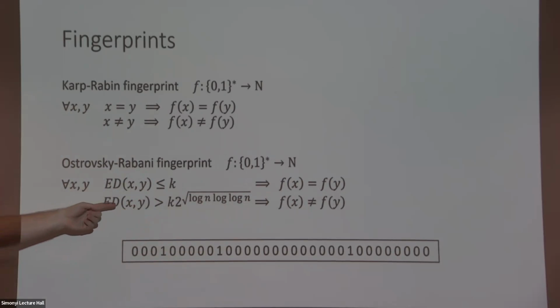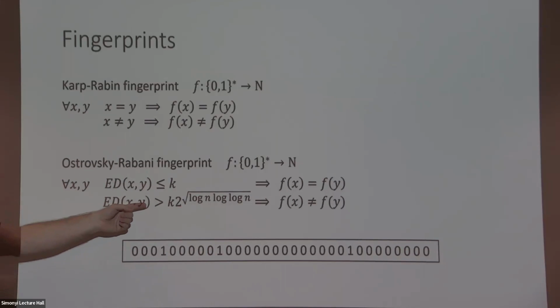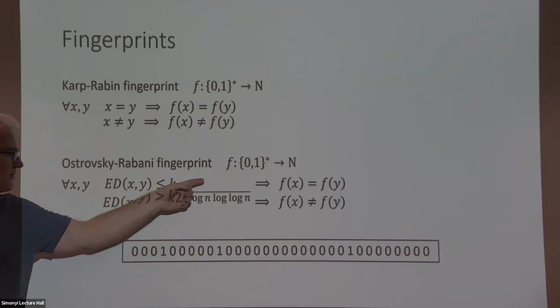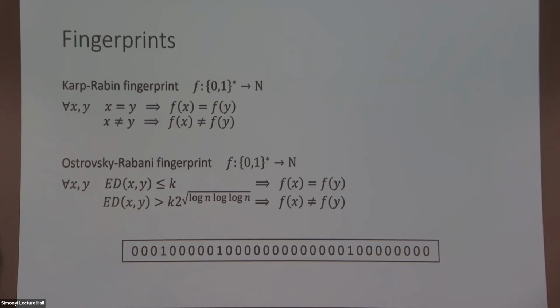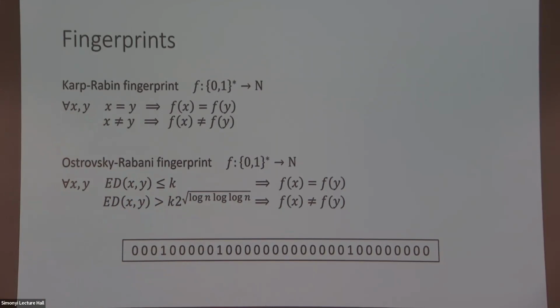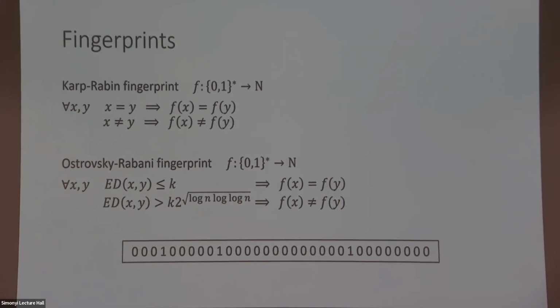And if the edit distance is bigger than k by this factor, which comes from this Ostrovsky-Rabani distortion, then the fingerprints will be different. So this allows you to selectively watermark the grammars which you want to recover. The grammars you want to recover are the ones where the edit distance is large. So you want to actually recover them, so you are going to watermark them.